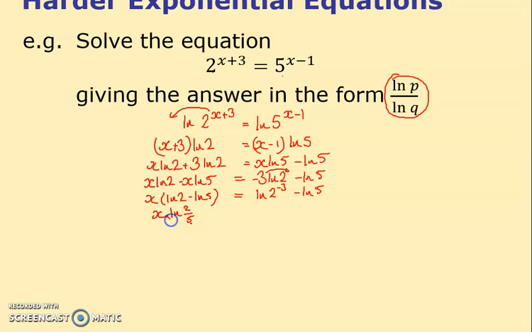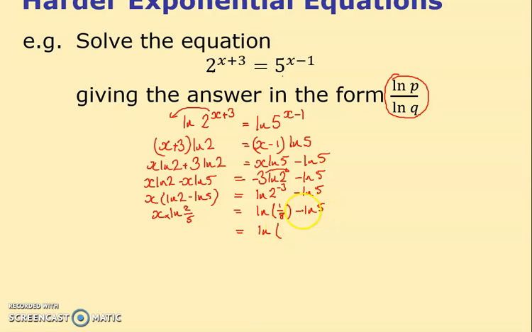So x times the log of 2/5 is equal to, and I think I can do the same thing here. 2 to the minus 3, by the way, is an eighth. Minus log 5, and remember when you take them away, you've got to divide them, so it's an eighth divided by 5, which is actually a 40th.